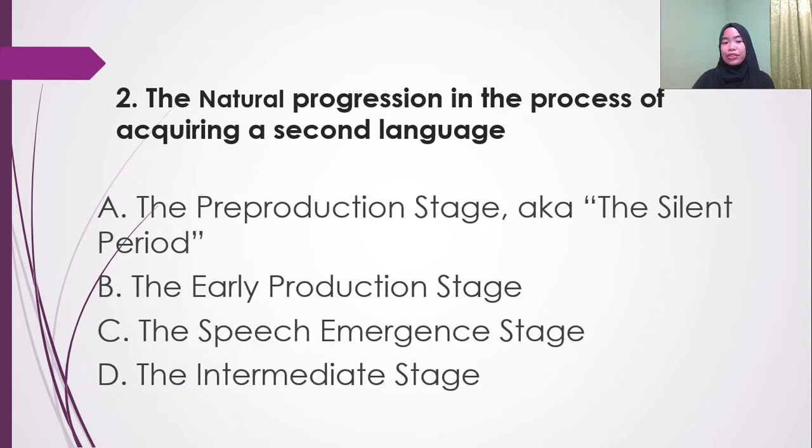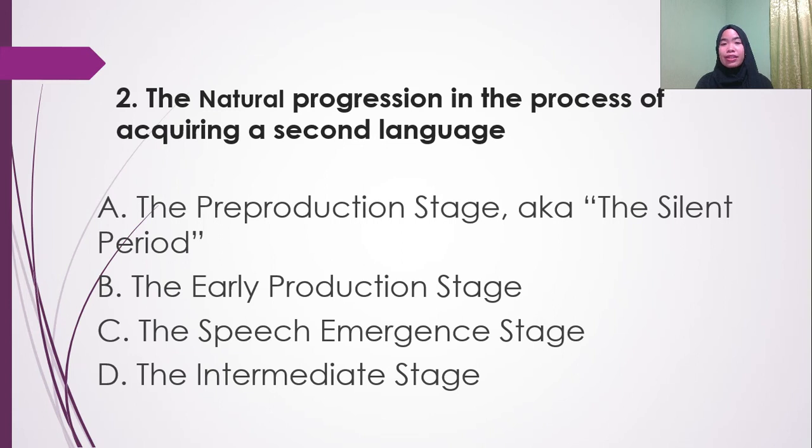The first stage is the pre-production stage, or the silent period. This stage is for students who are at the very beginning and don't know any single word of English. It is also called the silent period because the English knowledge of the students is still empty.